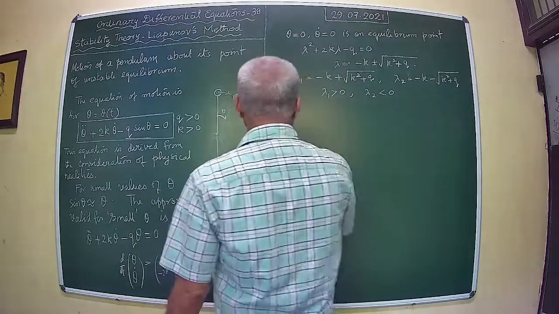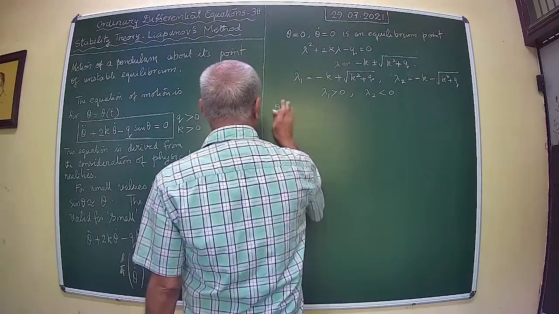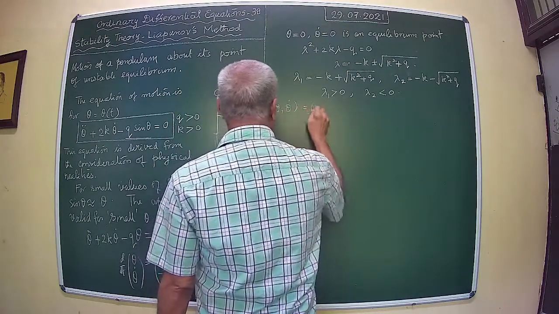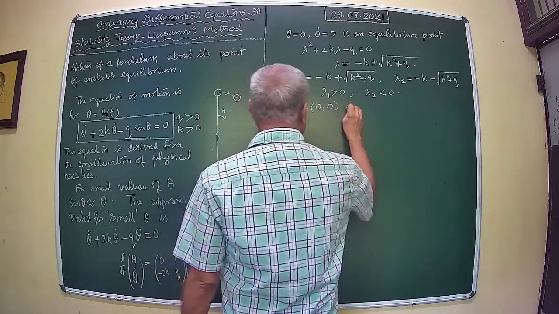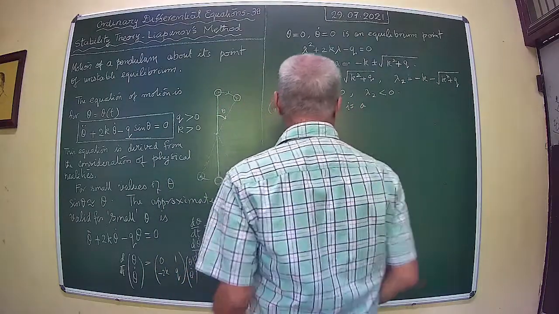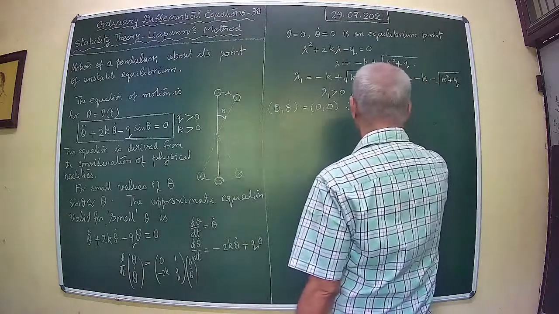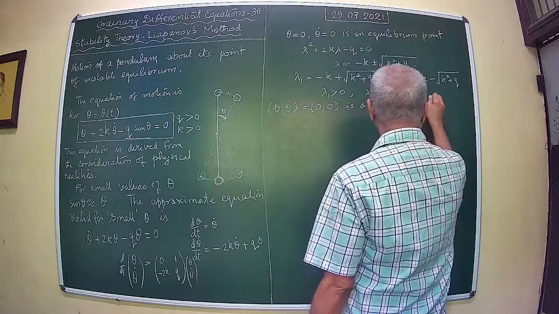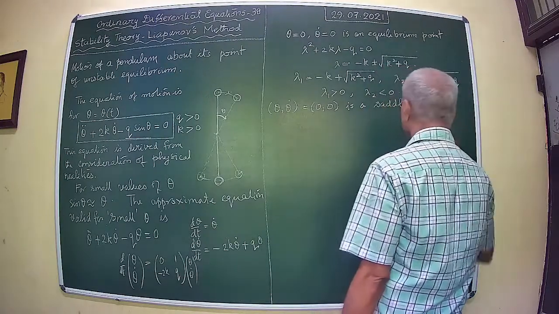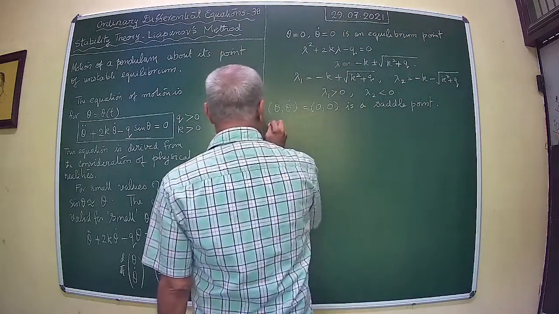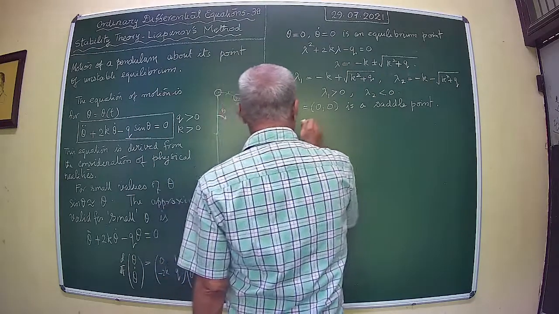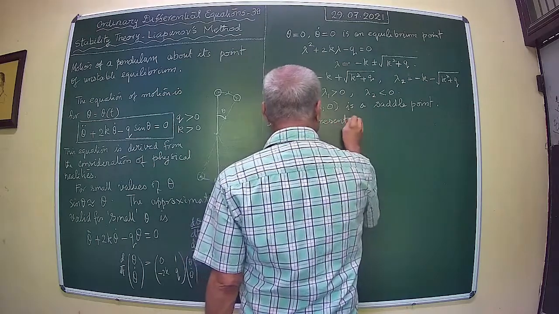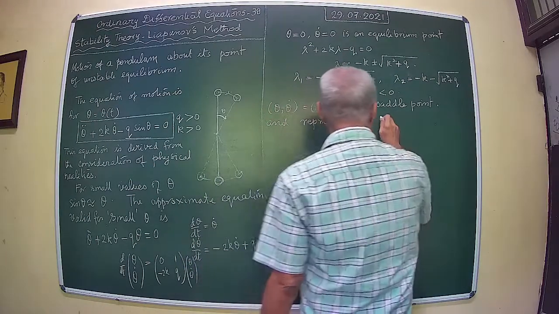So theta equal to 0, theta dot equal to 0 is a saddle point, and it represents an unstable equilibrium.